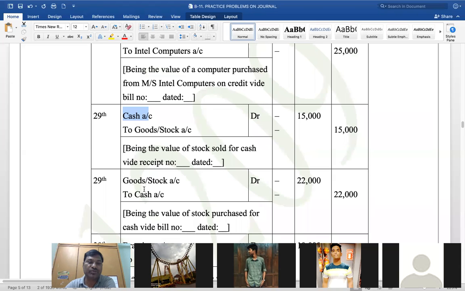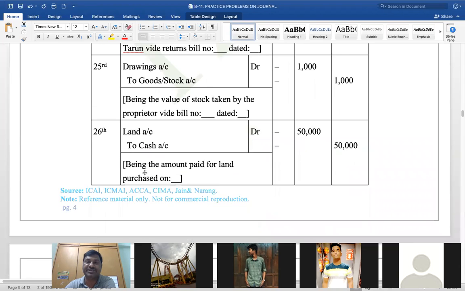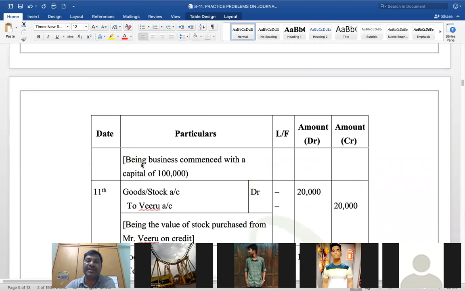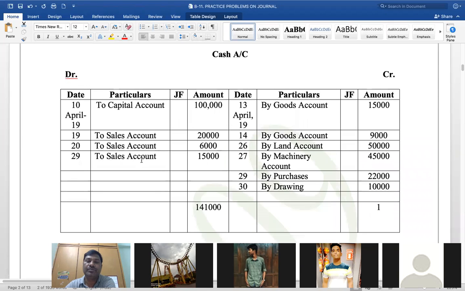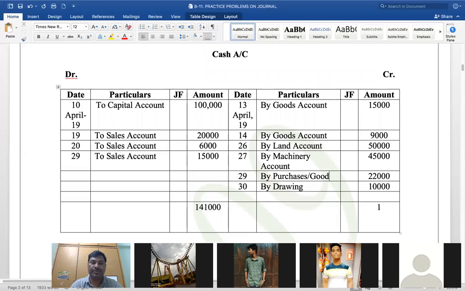The second transaction is goods to cash, which means purchases, buy goods, 22,000 on the 29th. This is a purchase account debit to cash account.